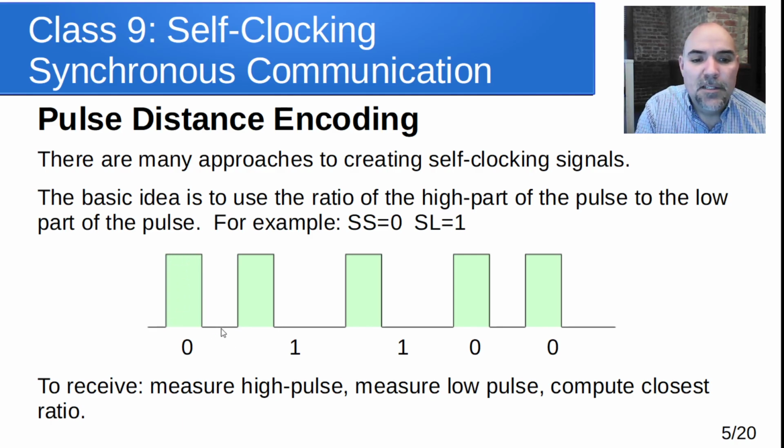This could be a second, or it could be a millisecond, and we can still get a 0 out of that, and we can still get a 1 out of that if this is 1 second and that's 2 seconds, or 1 millisecond and 2 milliseconds. So notice it's not sensitive to timing, because it is the clock, but it is also the clock encoding the data in the ratio of high to low pulses. Very clever, and you can see how that's just one signal.